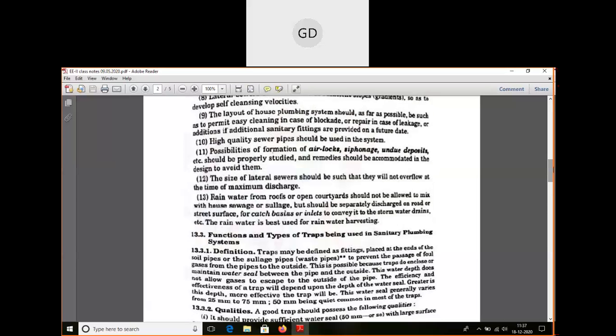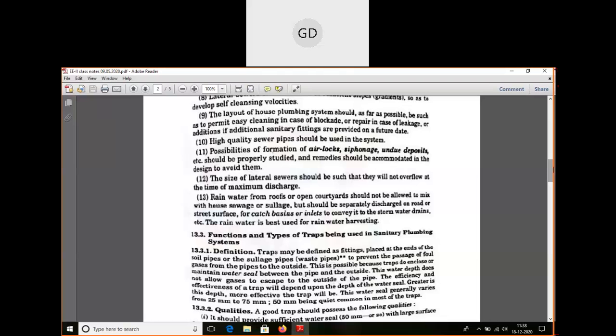So next is the size of the lateral sewers. It should be such that they will not overflow at the time of maximum discharge. Suppose there is a maximum discharge during a rainy season, and the pipes are overflowing at maximum discharge, certain conditions might develop someday.